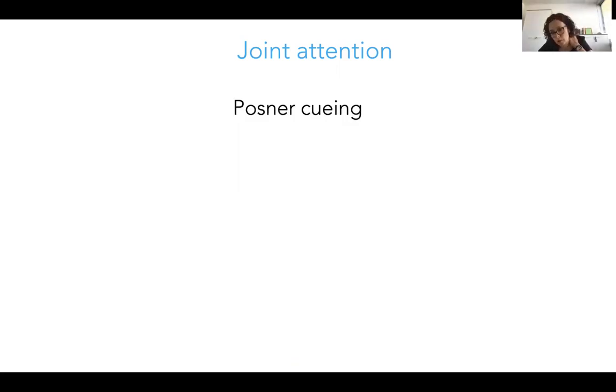I'll very quickly go through this. Probably most of you are familiar, but just to be on the safe side, I wanted to remind what sort of paradigm we're working with. So Posner cueing is a situation where we experimenters cue the attention of participants with an arrow, for example, and then there's a target presented in a cued location. So in this case, it's a validly cued target, or in the opposite location.